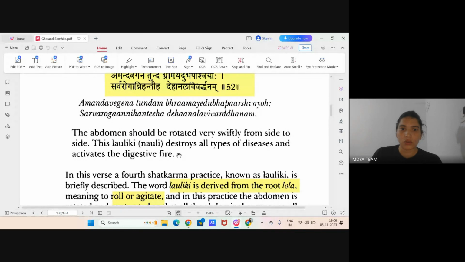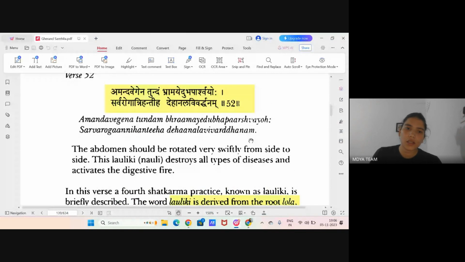Good. So the abdomen should be rotated very swiftly from side to side, and it is also considered sarva roga antiha, meaning this Nauli destroys all kinds of diseases. As all the practices are based on your digestion, it activates your digestive fire.